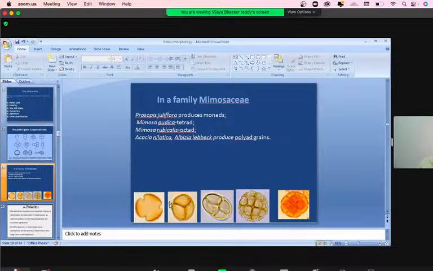They are called monads. Whereas Mimosa pudica has tetrad pollen, and Mimosa rubicaulis produces octads, an 8-pollen-grain unit. Whereas Acacia nilotica and Albizia lebbeck release polyads from the anther lobe. So within the family there is a variation, and based on that variation we can segregate and identify the plants, saying this belongs to so-and-so species.